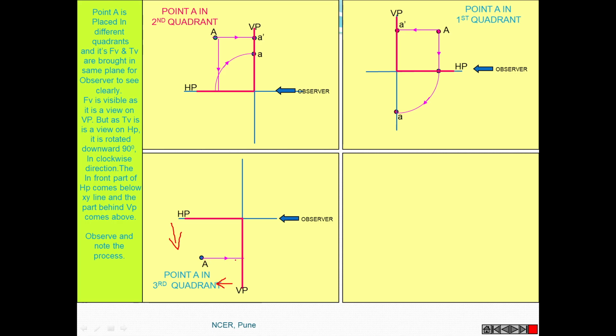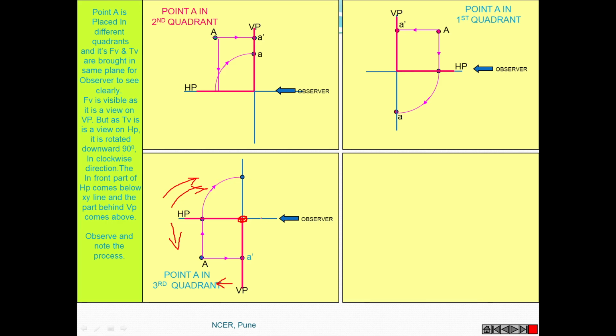For the projection of point A, the front view is below the XY line. This is the XY line, the intersection of HP and VP, and its projection, that is the front view, is below the XY line. Its top view is on the HP and this horizontal plane rotates in the clockwise direction, so the top view projection will come on the upper side of the XY line.